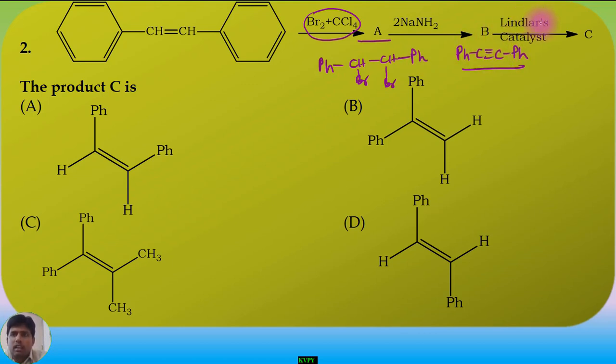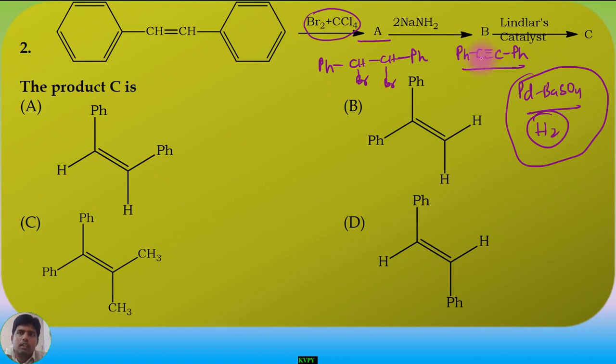So then we have Lindlar's catalyst. Lindlar's catalyst is Pd/BaSO4 and hydrogen. So this Lindlar's catalyst will basically reduce this alkyne to alkene, and that will give cis-alkene. Cis-alkene is obtained.